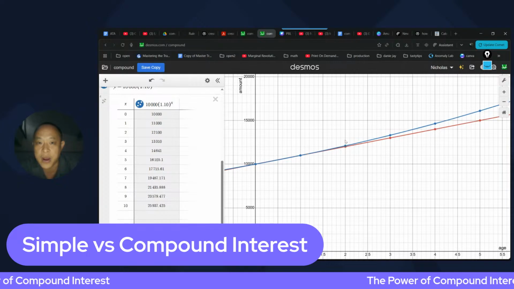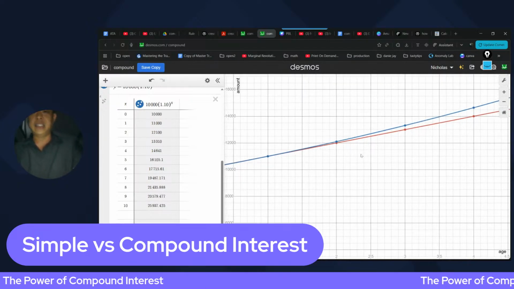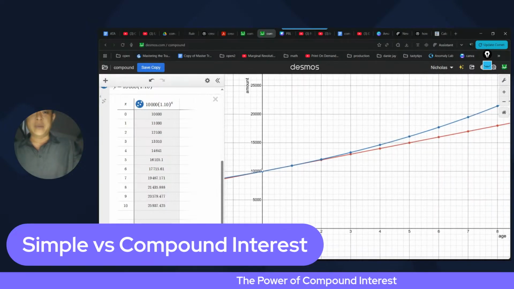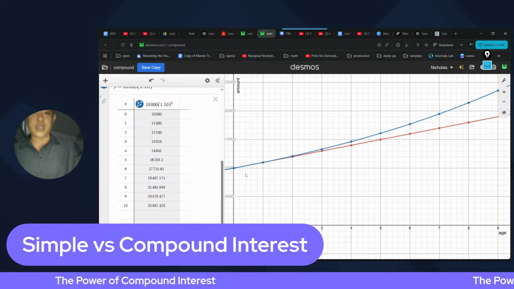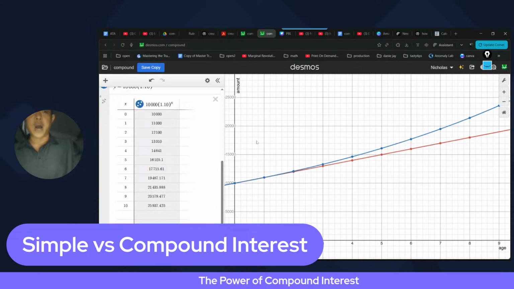You go up 1,000 over 1 year. So you're going up 1,000 every year. So that's just quickly how you look at it on a graph. Your y-intercept on both of these is $10,000 because that's your initial amount that you're starting off with, your principal balance. And then it's just growing either using simple interest versus compound interest.